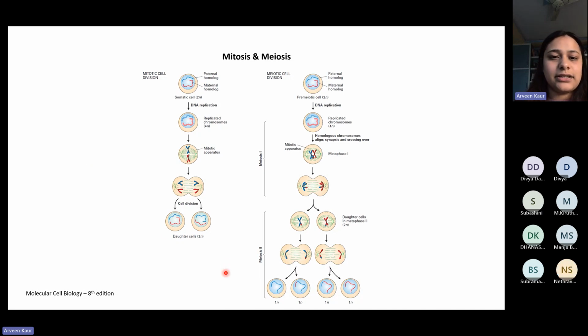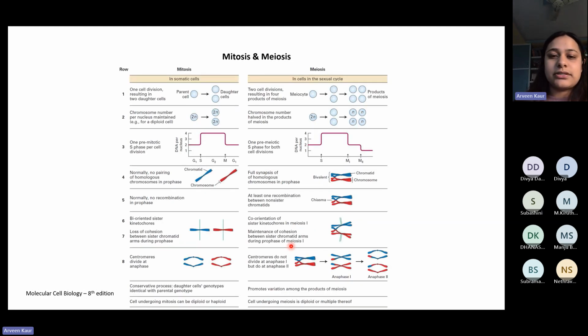I am not discussing it again for more insight on this. You can maybe go and look at the week two practice session that I had taken. Also, I have kept the key differences between mitosis and meiosis, right? Over here, there are some key differences I would really like to go over again. Since we are a little over time, we will go through them quickly.